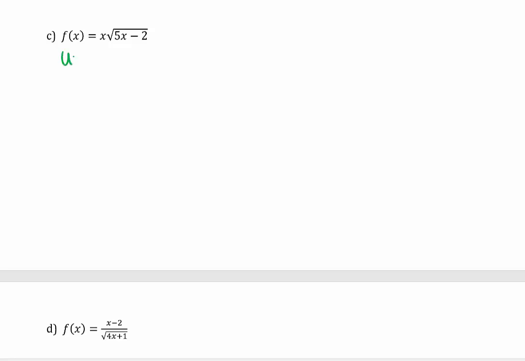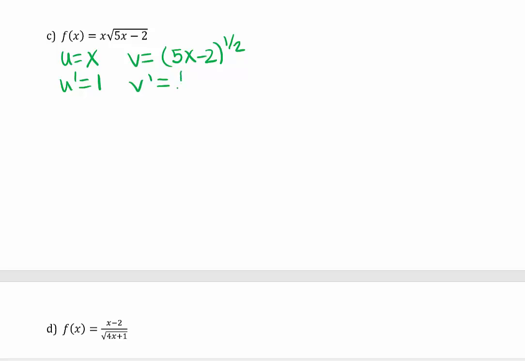My u would be the x, and my v is (5x minus 2) to the 1/2 power. I just changed that root to a 1/2 exponent. So then my u prime is 1. But now to find my v prime, I have to use the chain rule. I have something to the 1/2 power.